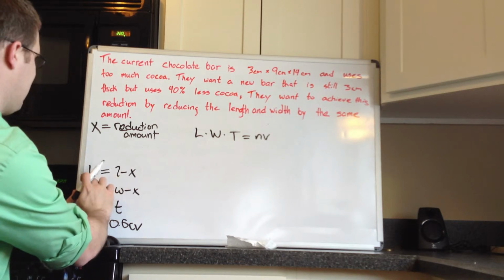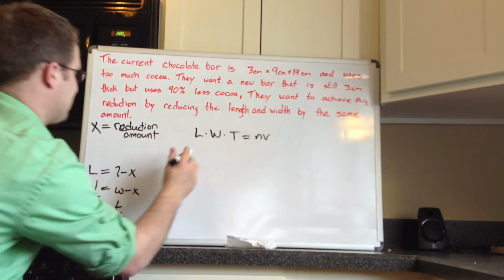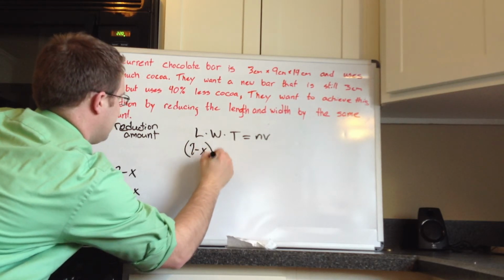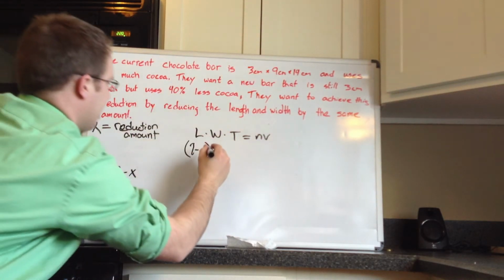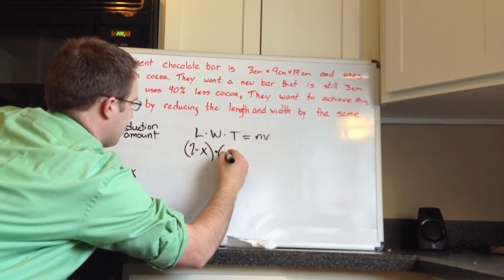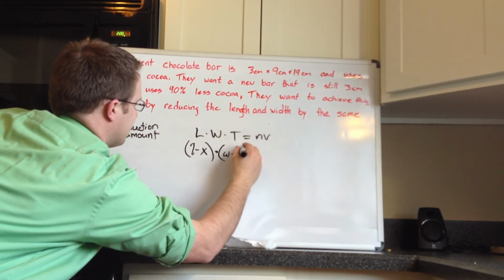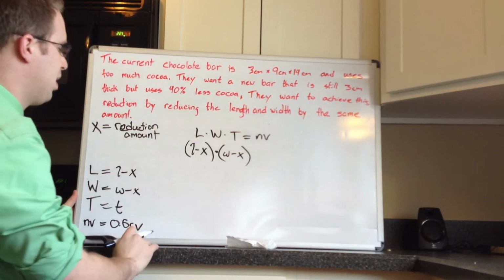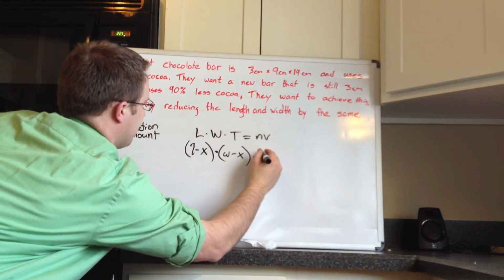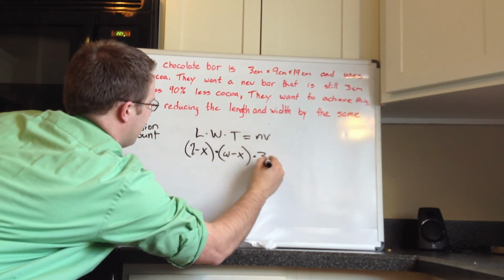The new length is the old length minus x, so L minus x. You will know what L is because you get it right out of there. Times the new width, which is the old width minus x. Again, you'll know what the width is because you can get it right out of the problem. And the thickness is not going to change, so it's whatever it was. Here it's just going to be 3.